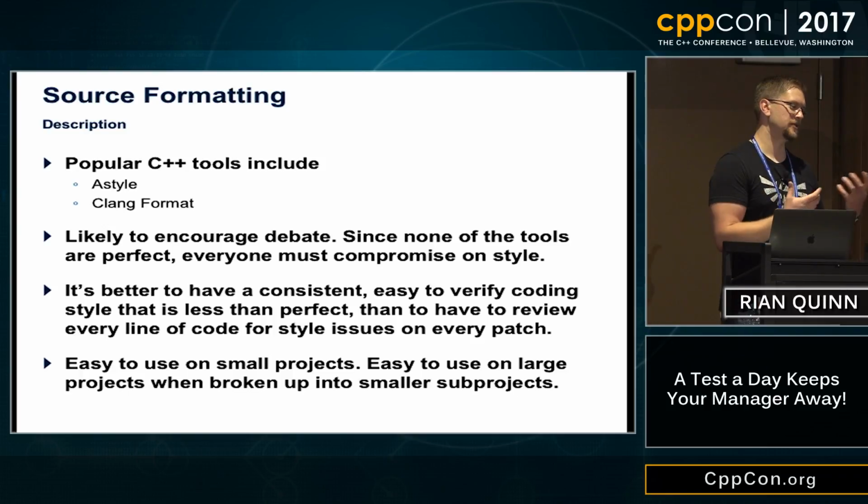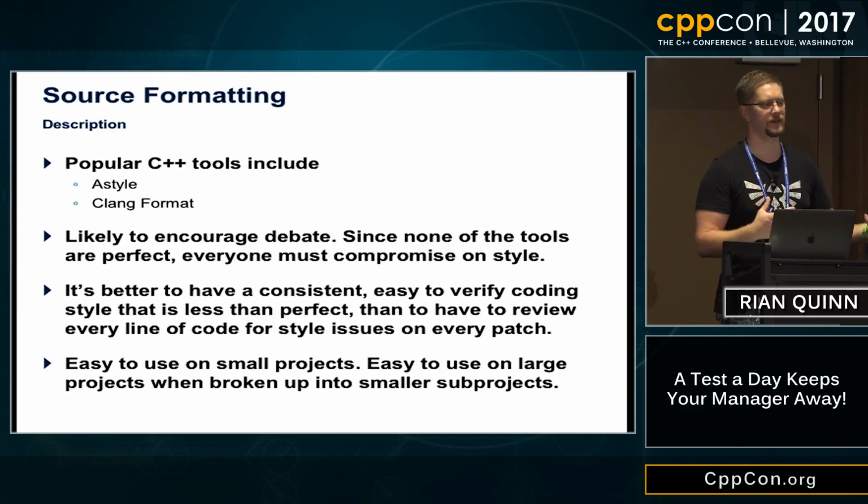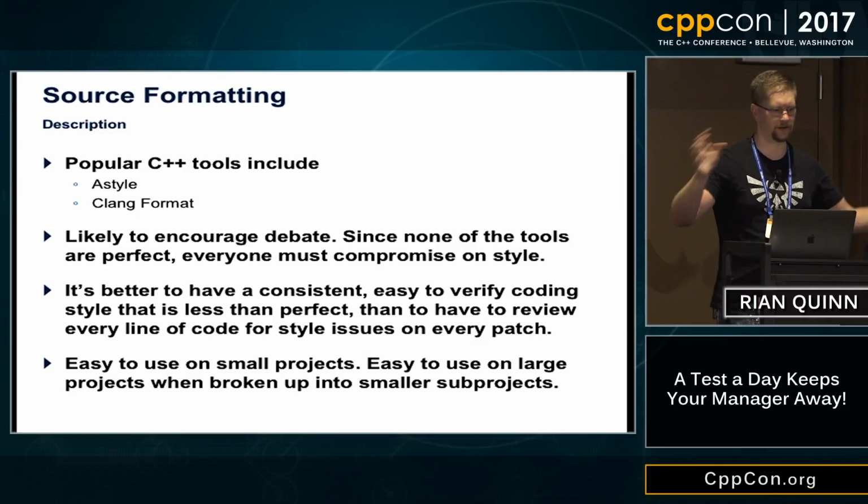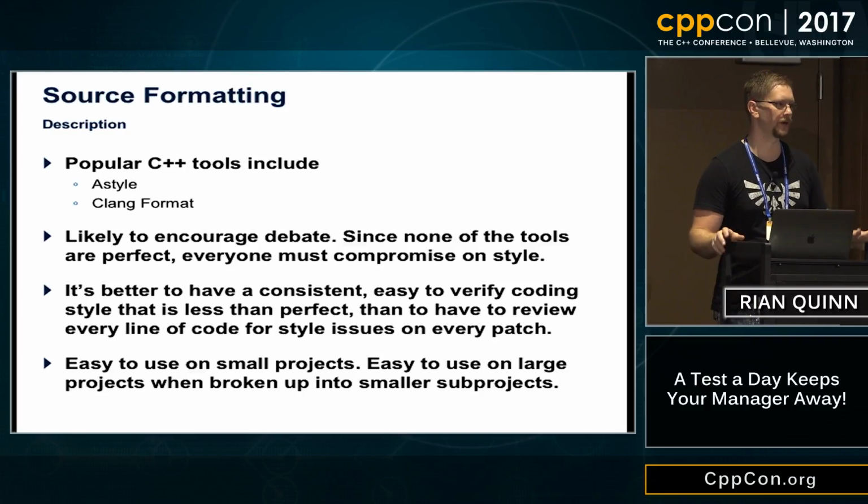But the problem is that, especially for some of the projects we work on, we don't really like having this spaghetti code of many different developers and their coding styles. And so you can end up with this project that just has like 15 different coding styles throughout, and it's very hard to follow and read and where it's going. So using a source code formatting checker, you can alleviate these types of problems.